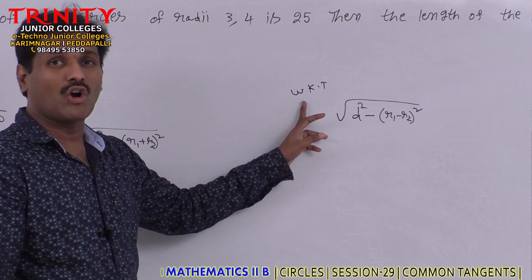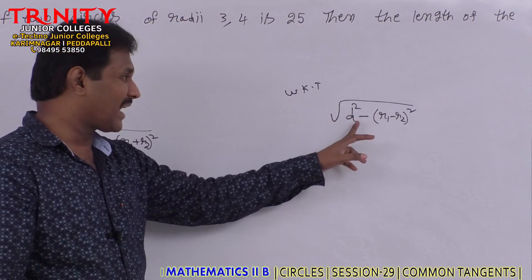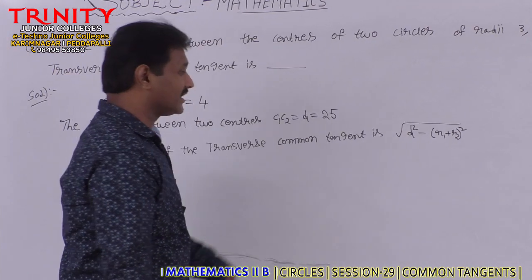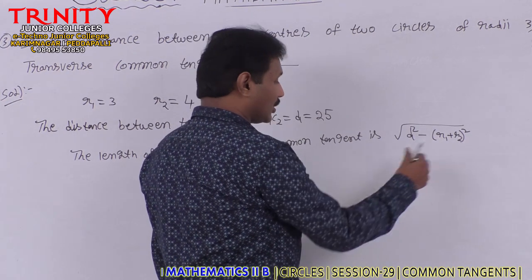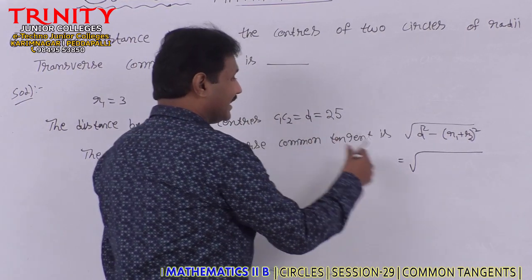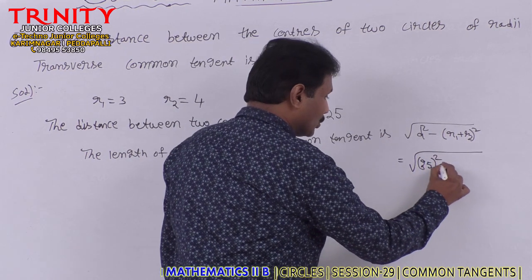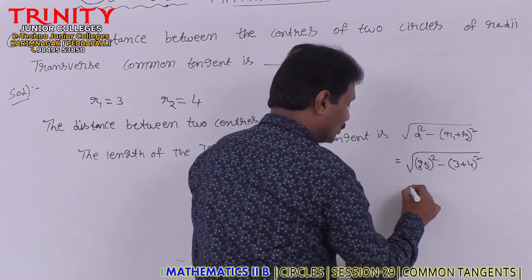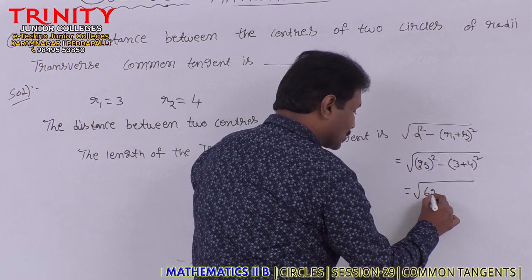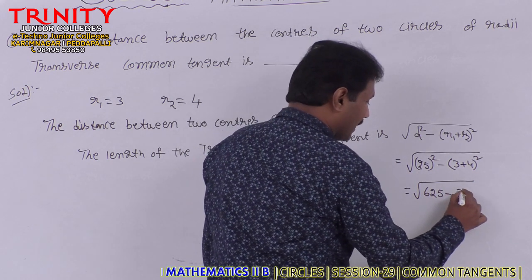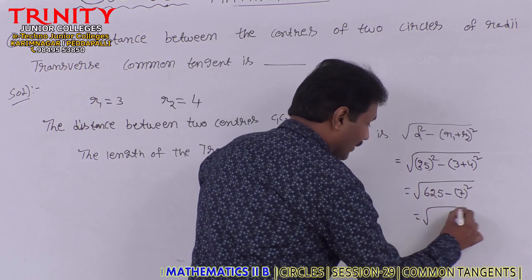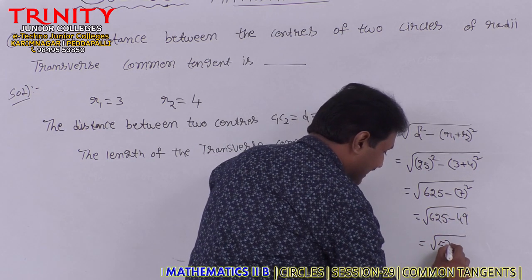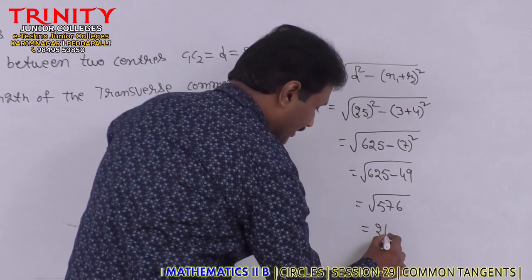The length of the transverse common tangent is the square root of d square minus (r1 plus r2) whole square, that equals the square root of 25 whole square minus (3 plus 4) whole square, that equals the square root of 625 minus 49, that equals the square root of 576, that equals 24.